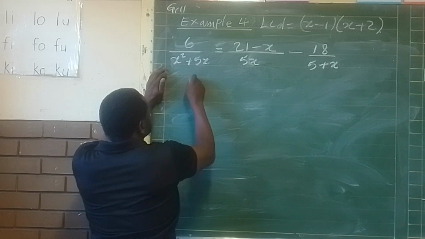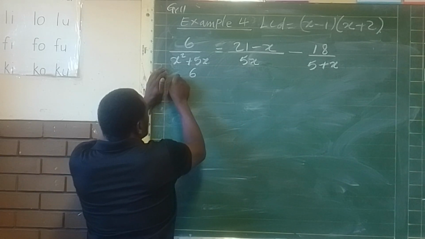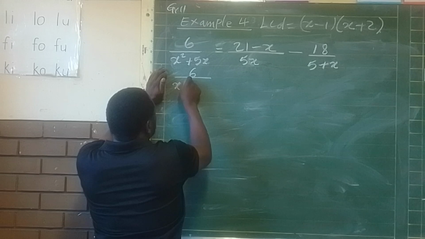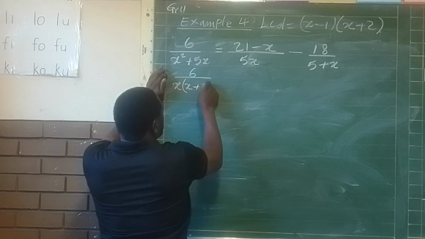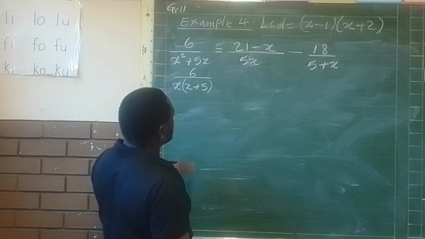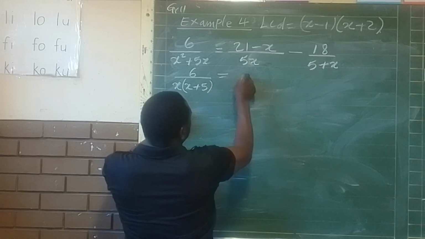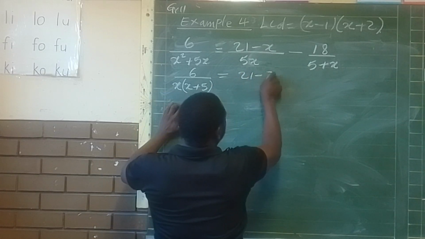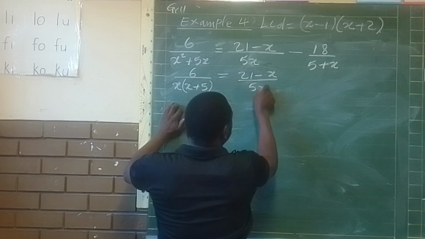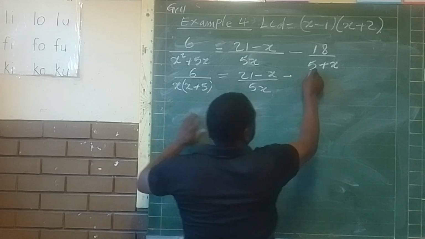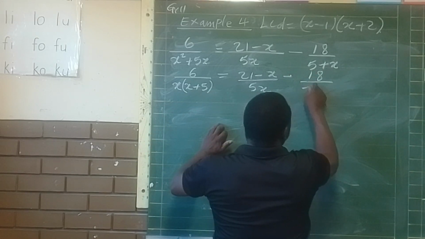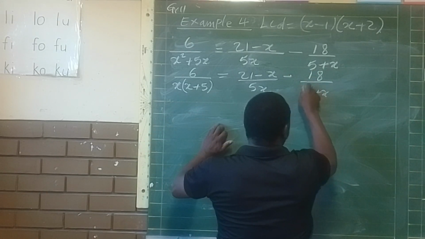We start by saying 6 over x, common factor, x plus 5. You see? Is equals to 21 minus x divided by 5x minus 18 divided by 5 plus x.